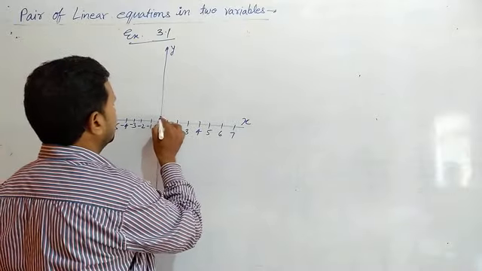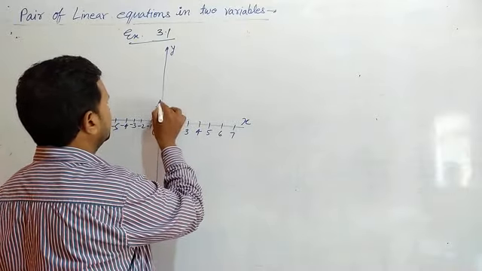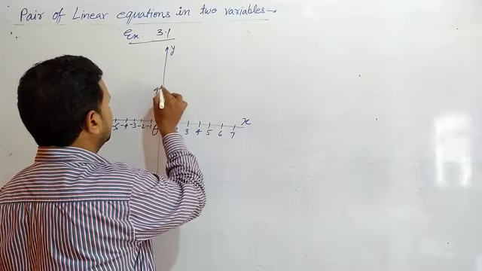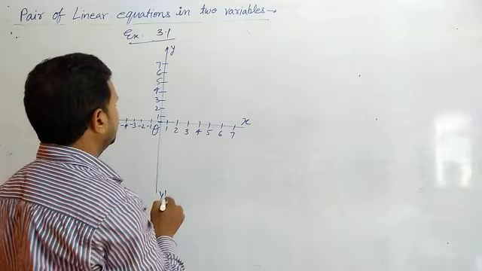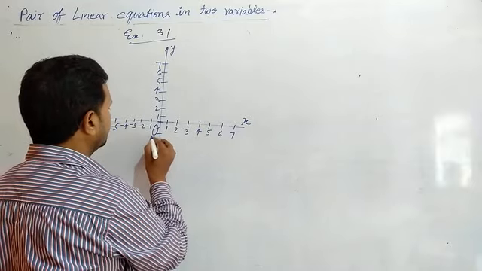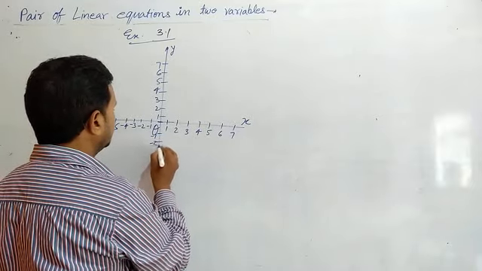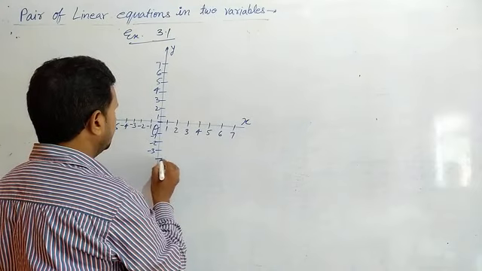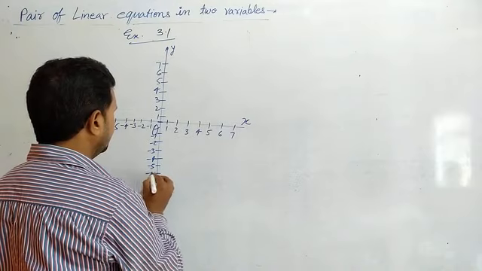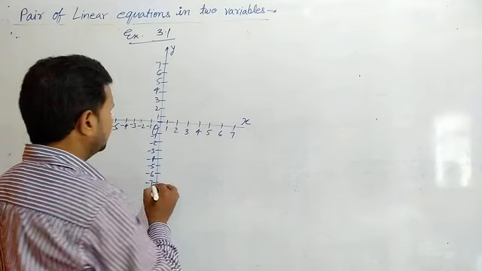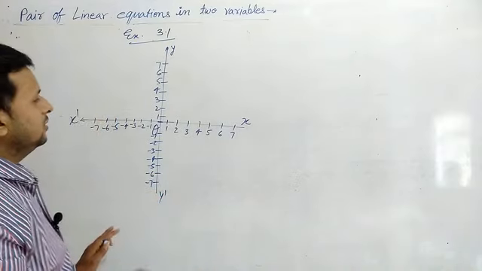Here -1, -2, -3, -4, -5, -6, -7. Here +1, +2, +3, +4, +5, +6, +7. Here -1, -2, -3, -4, -5, -6, -7.